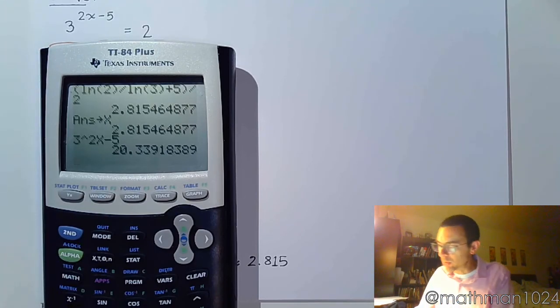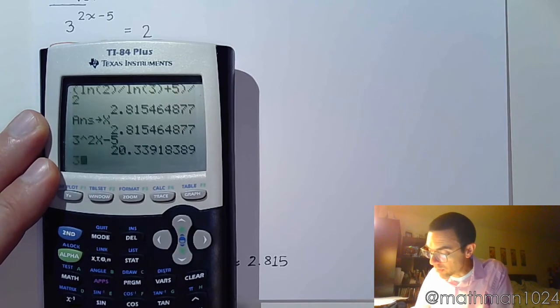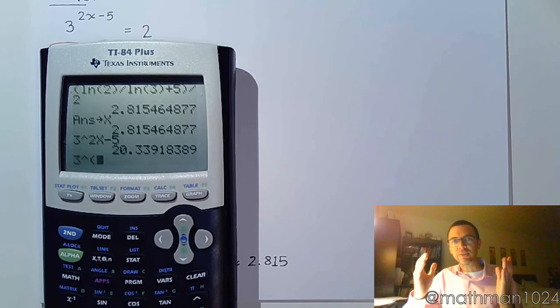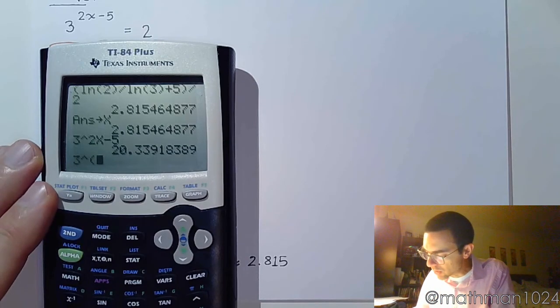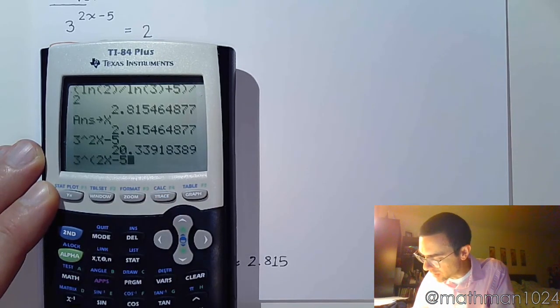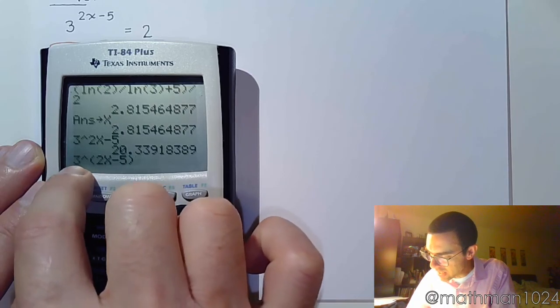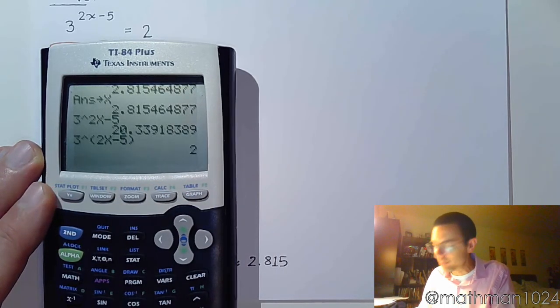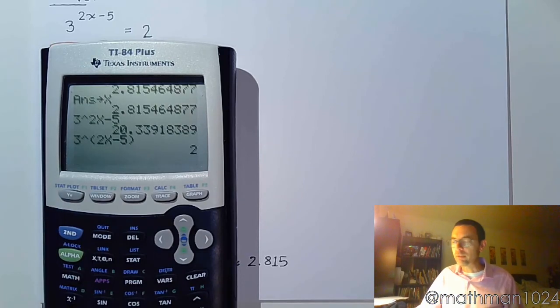So here's the problem. We didn't use parentheses correctly. 3 raised to the, open up parentheses because you have to put 2x minus 5 as that power. So using the parentheses, everything here is going to be that power. And we get 2. So everything checks out.